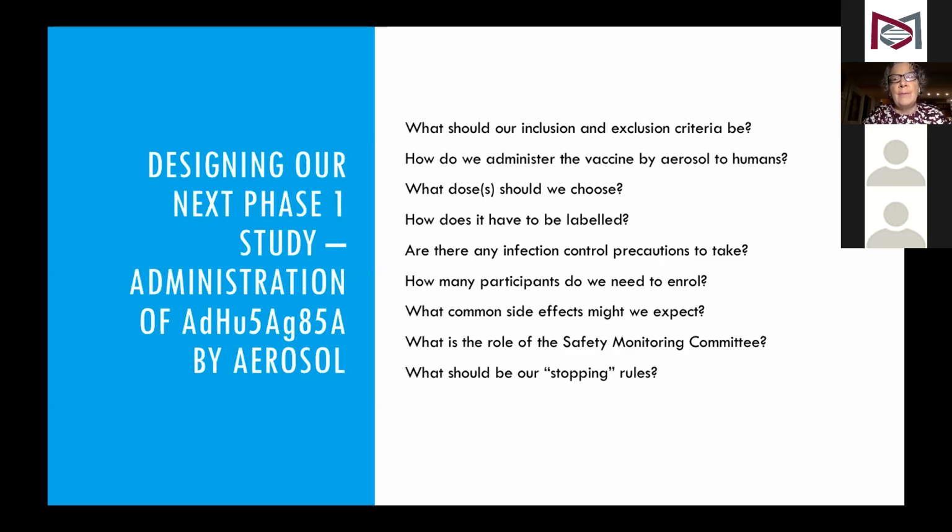And so many of you will have asked the question of us, well, why aren't you giving it into the lungs intranasally or by some route mucosally? And so our next challenge, after we had completed our first phase 1 study with the IM administration, was to design the next study, which is to administer the vaccine by aerosol.